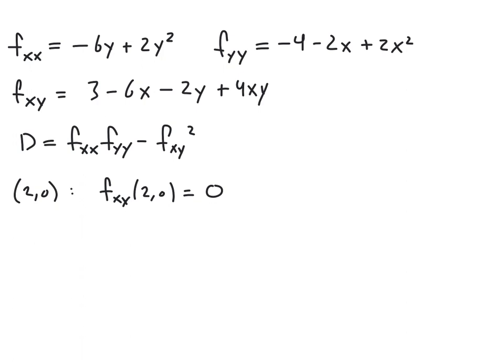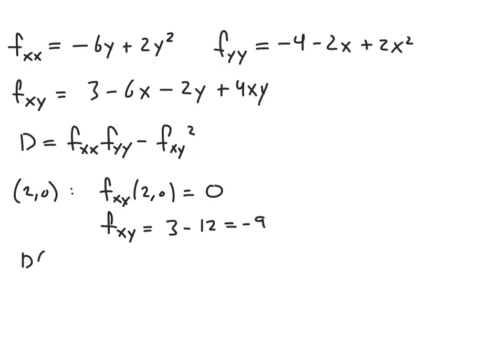I don't really care about f sub yy, because whatever that is, we're going to get 0 multiplied by that. I also need to know f sub xy, the mixed partial. If I substitute (2, 0) into that, we get 3 minus 6 times 2, which is 12. The other two terms involve y, which is 0, so it's just 3 minus 12, which is negative 9.